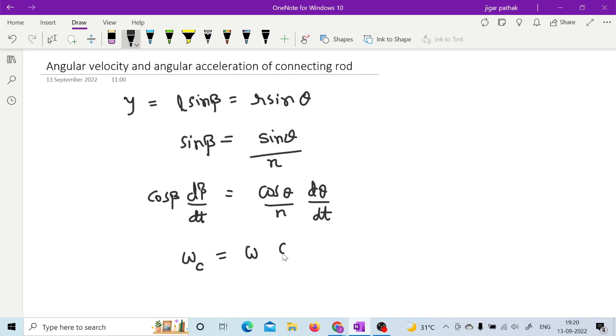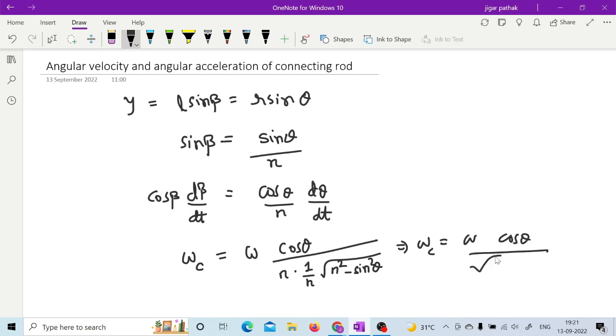So omega c can be written as omega cos theta divided by n, and this cos beta we have already calculated in the previous calculation, that it is given by 1 upon n under root n square minus sine square theta, right? So if you write like this, then your omega c can be written as omega cos theta upon n square minus sine square theta, right?